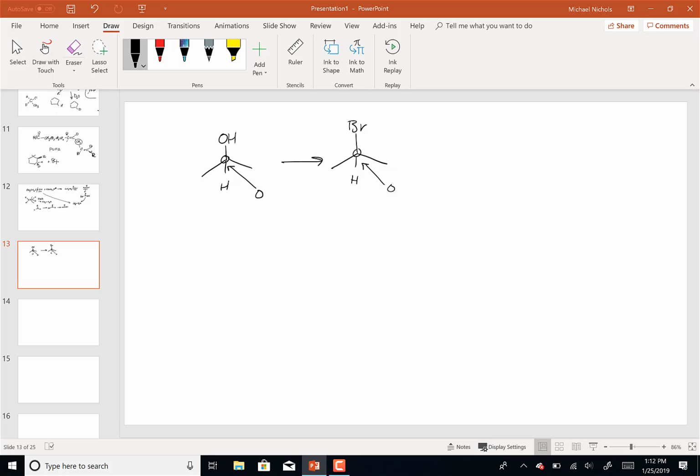So it's a substitution reaction, not oxidation. But if you want to know if it's truly oxidation or reduction, that's why you have to do the oxidation numbers of the carbon. And you only have to look at the carbons that are changing. So these other carbons, hopefully everybody put down their oxidation numbers, but it's not critical if I'm just determining whether it's oxidation or reduction. I'm only looking at the carbon that are being changed. So yeah, if I replace the OH with an H, it would be reduction.